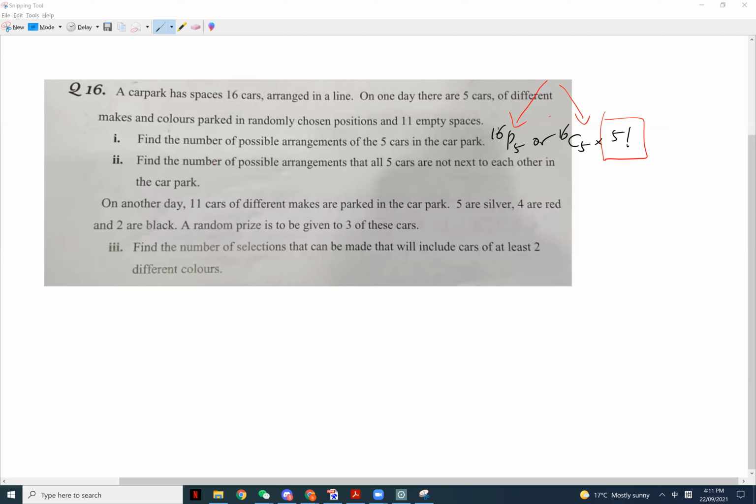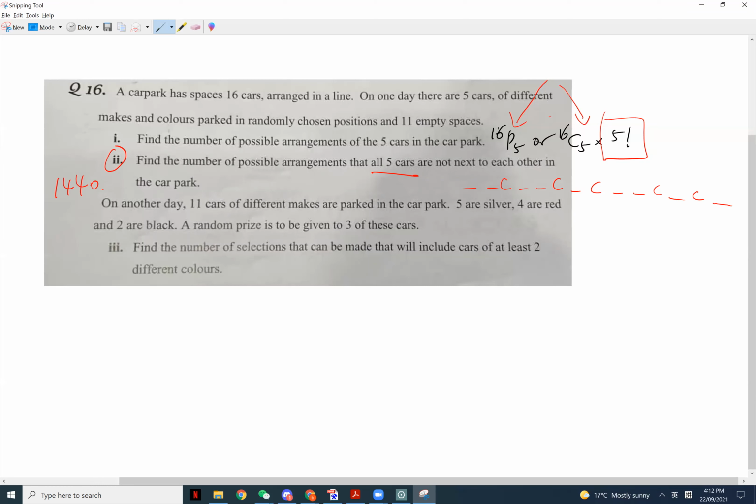Check the number of possible arrangements for 5 cars not next to each other in the car park. That means car, space, car, space, like this. William, what's the answer for part II? The answer is wrong. Well, what's the answer? It's 1,440. Yeah, but this is all 5 cars together, so it's wrong.